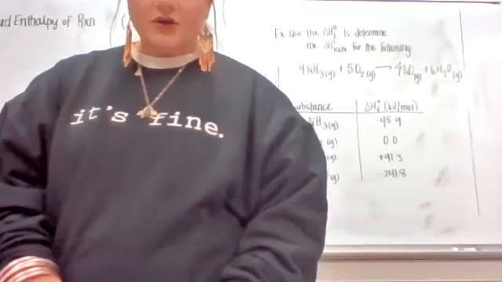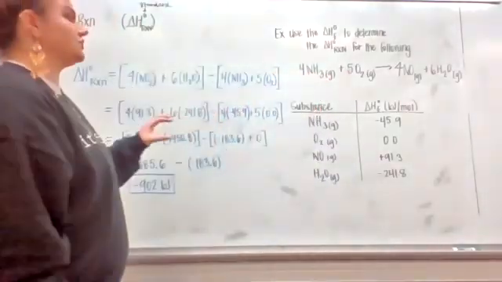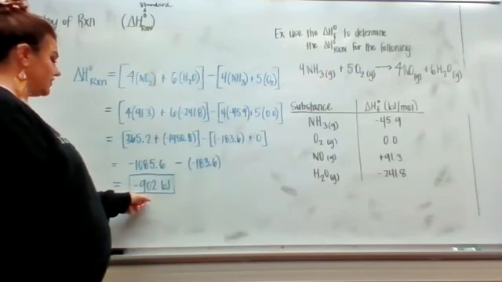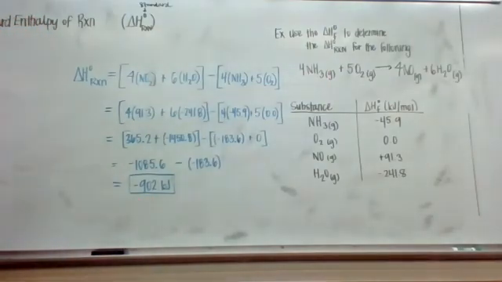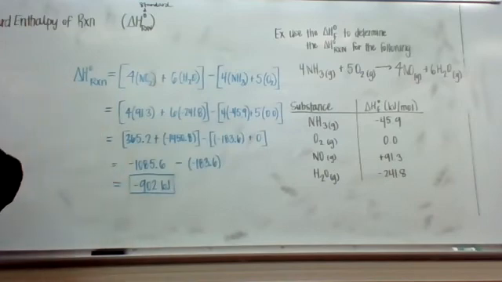Okay, so some problems will ask you to do all this. So you have to find your enthalpy. Then it'll say, well, how much heat is absorbed or released if I were to burn 50 grams of ammonia. Okay, so then you would take what you just solved to figure that out. So let's add that to this problem.